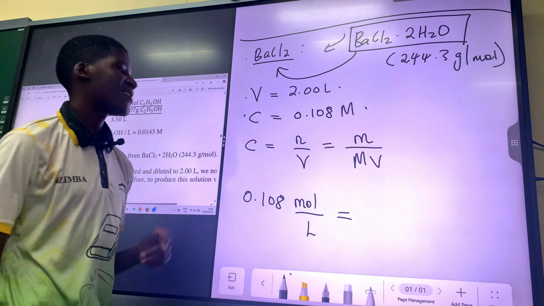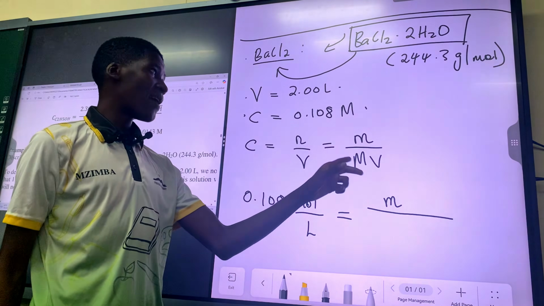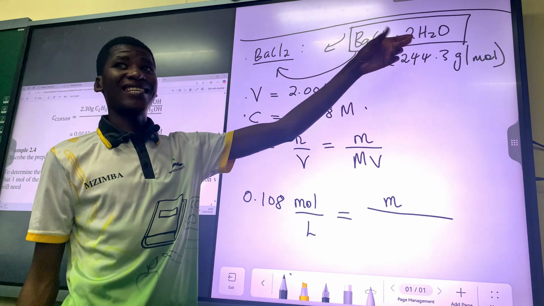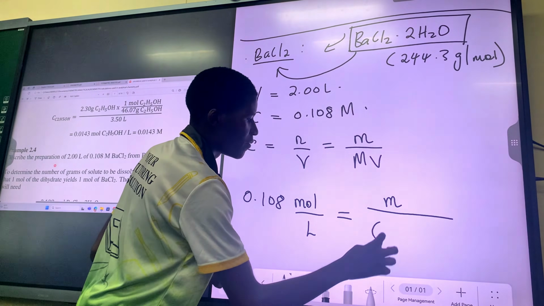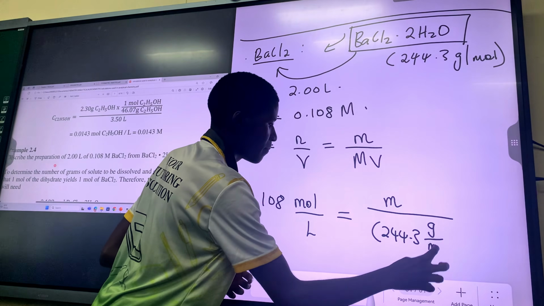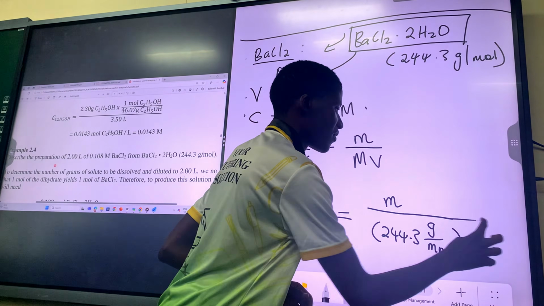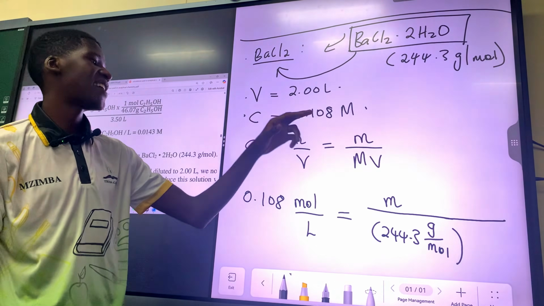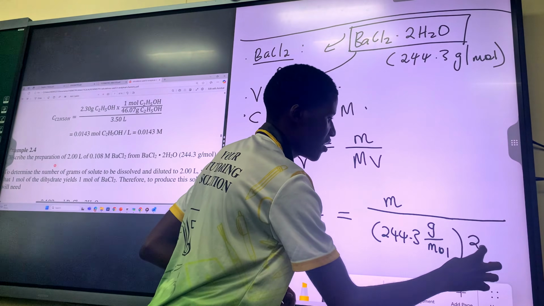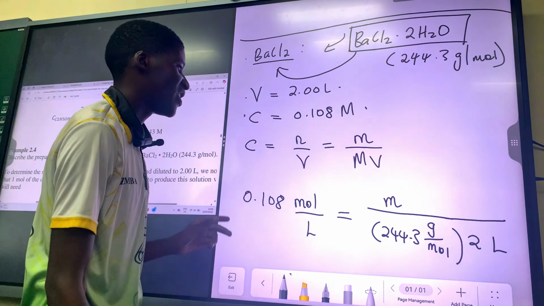And then the mass that you are trying to prepare, you don't know it. Then the molar mass of barium chloride dihydrate that you're going to use to prepare is 244.3 grams per mole. And then the volume that you want to prepare is 2 liters, so times 2 liters.